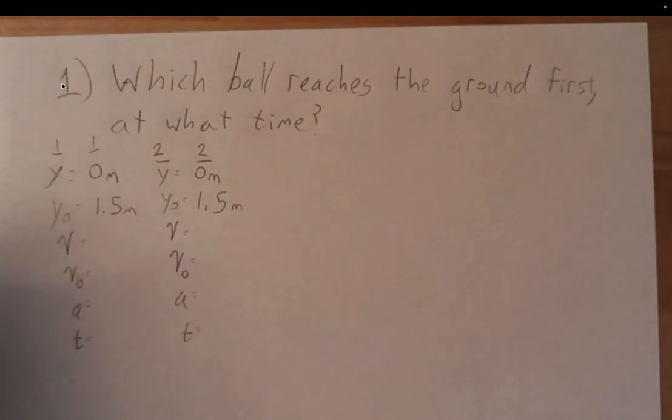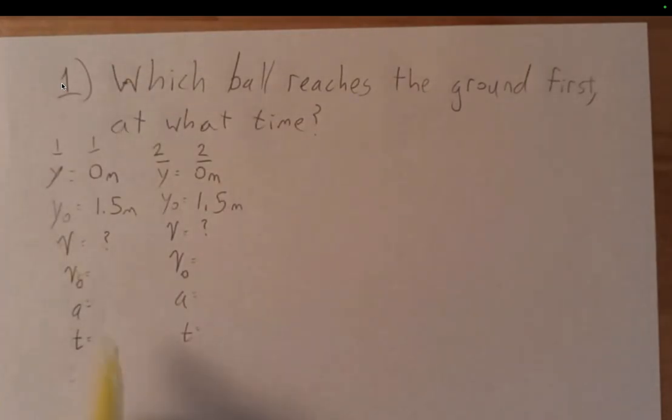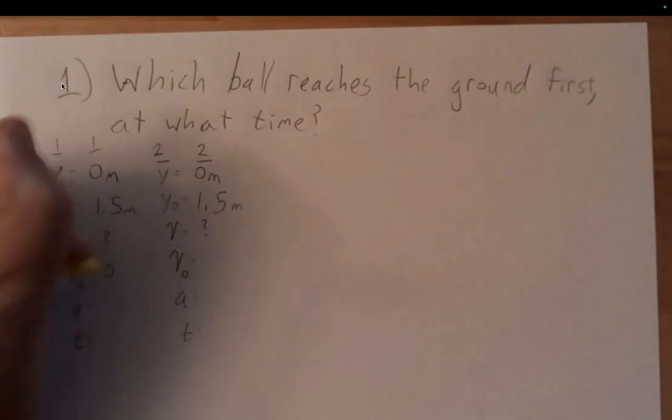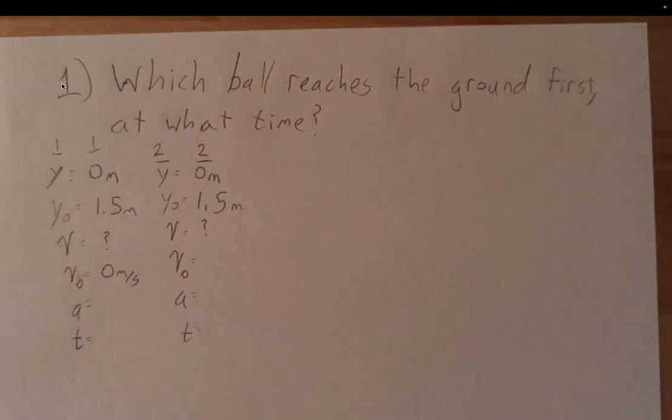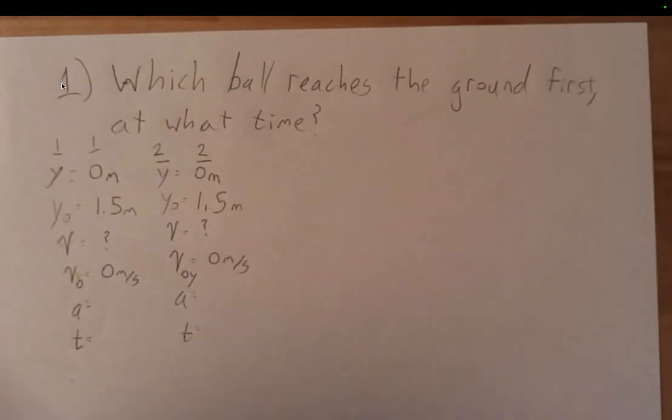but we do know their initial velocity. In experiment 1, it's released from rest. So that means 0 meters per second starting from rest. And in experiment 2, it's going horizontally. So the initial velocity in the y direction is also 0 meters per second. They both have the same acceleration.